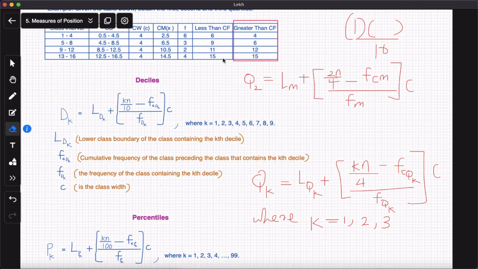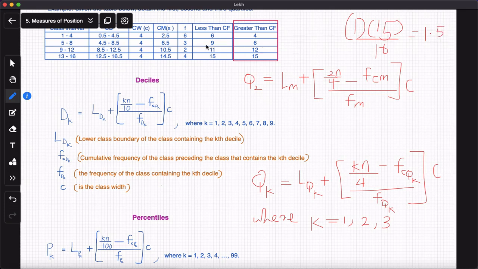Our N, in this example we have here, is 15. So you put 15 here, and that should give us 1.5. So where do we have a cumulative frequency of 1.5 for the first time? And that happens to be here.